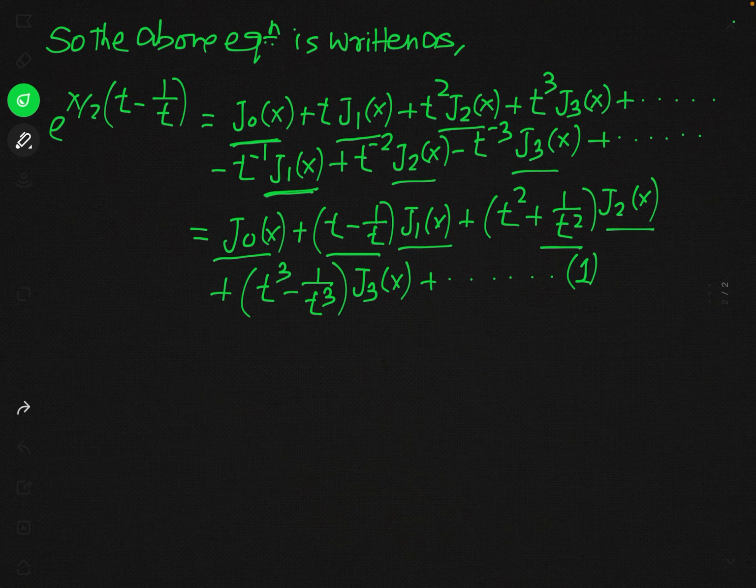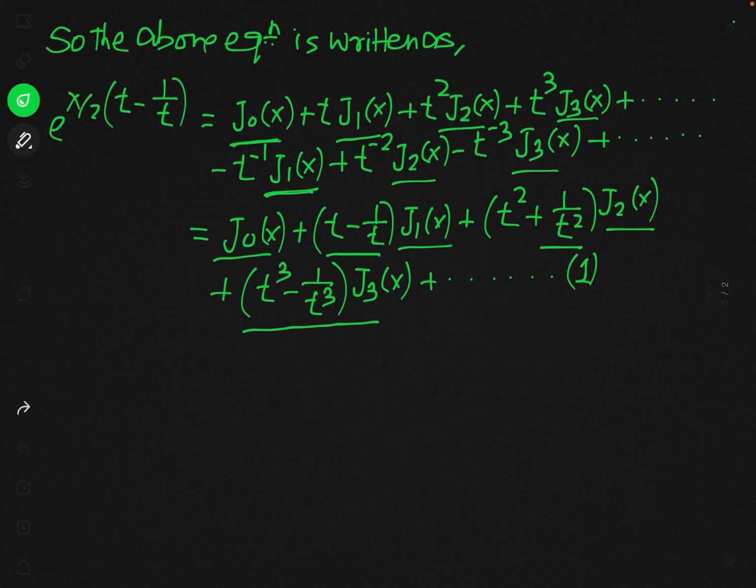So this is (t square plus 1 over t square) J2 of x. And similarly we can take J3 of x as a common factor. In this way we can also associate other terms containing J4 of x, J5 of x, J6 of x, and so on as a common factor.